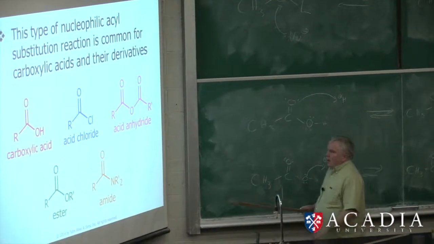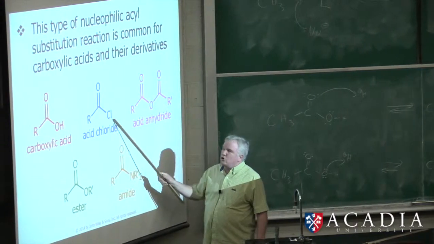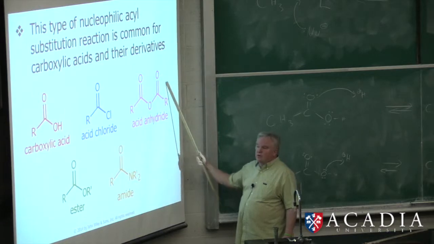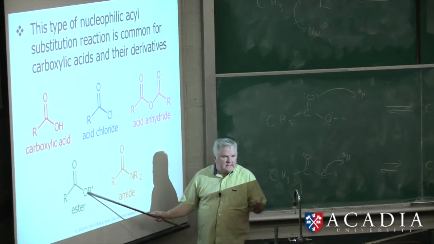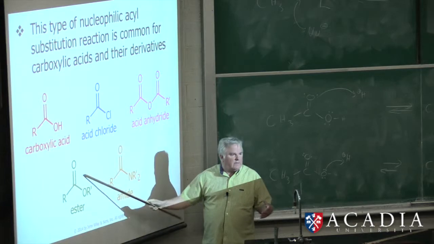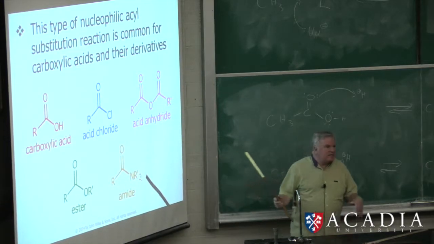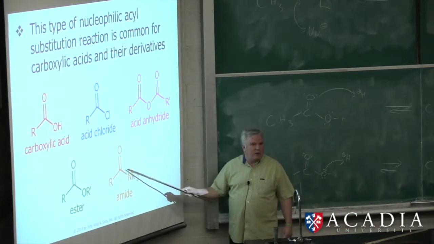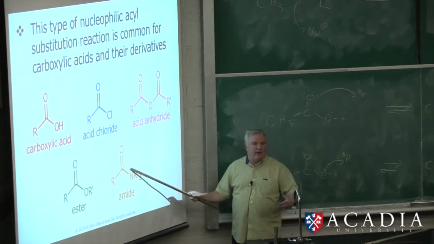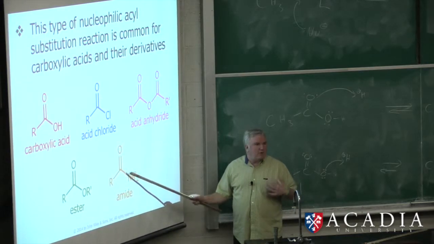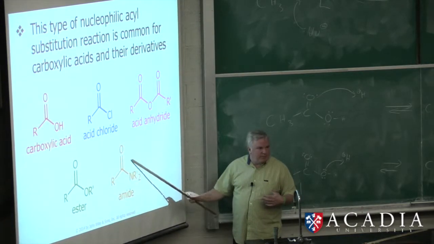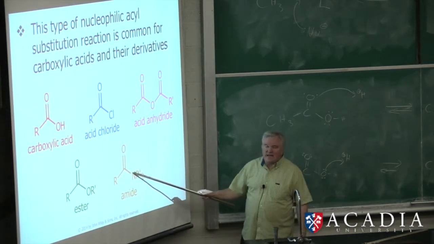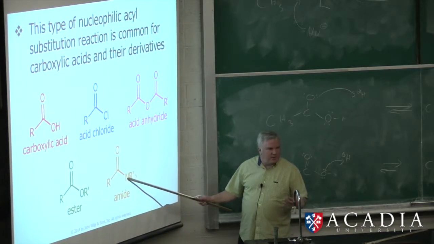So chlorides are good leaving groups. Anhydrides, decent leaving groups. Ethoxides, we're getting into the area of not being a very good leaving group. And amines, terrible leaving groups, okay? So these are very stable carboxylic acid derivatives, and we're happy about that because that's what most of our muscle tissue is made of, and because of that amide bond, all of our proteins have a nice strong structure, they're amides.